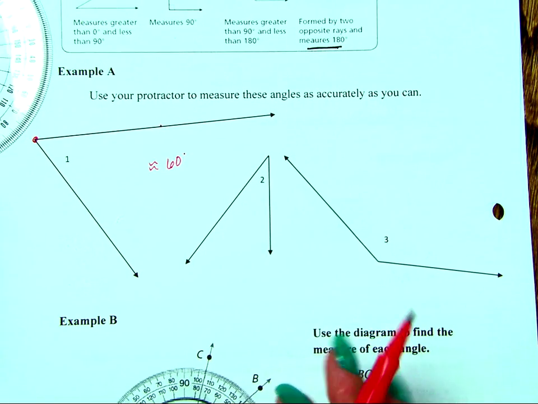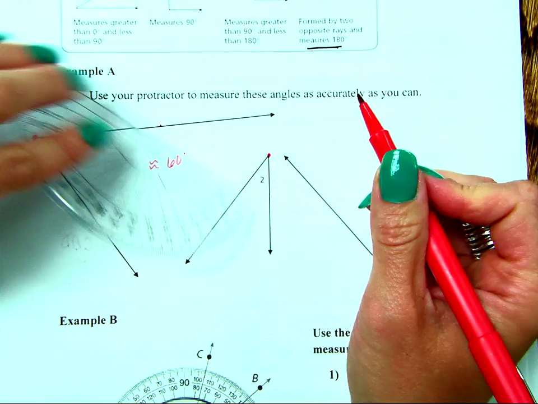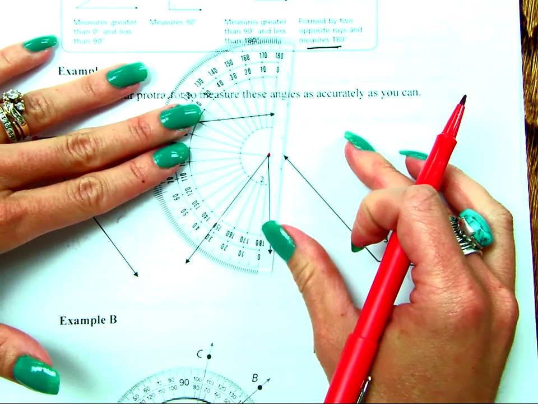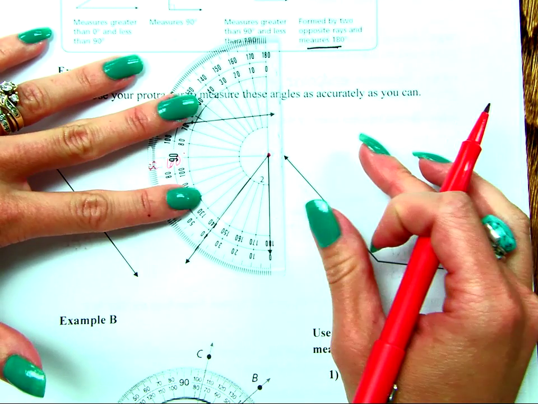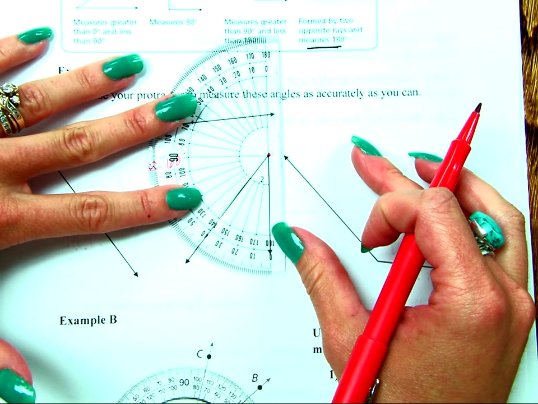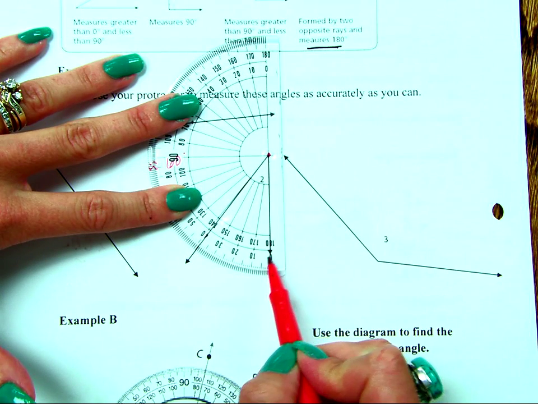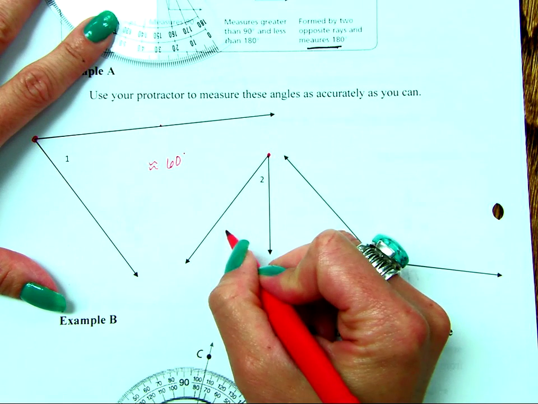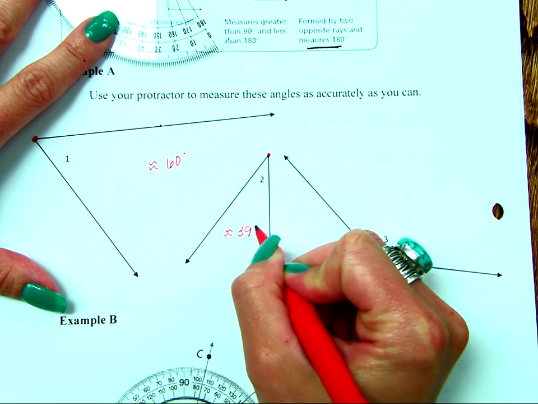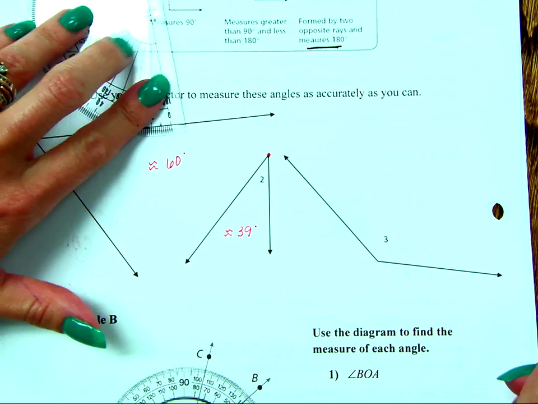Likewise, if I measure angle 2, I'm going to line up my vertex point. I'm going to line up one side with 0, and I know it's acute, so I know I'm going to use the smaller measure. Opening here, this looks to be about 39 degrees. And finally, I can see angle 3.